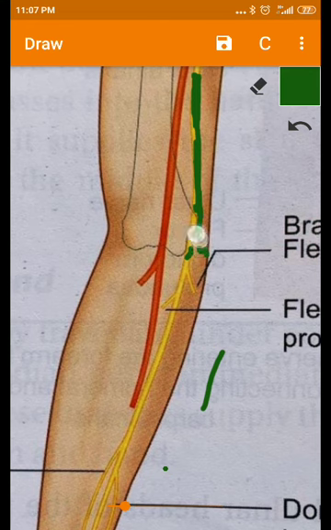Here the flexor carpi ulnaris takes origin from the humerus as well as the olecranon process, which is present on the posterior aspect.